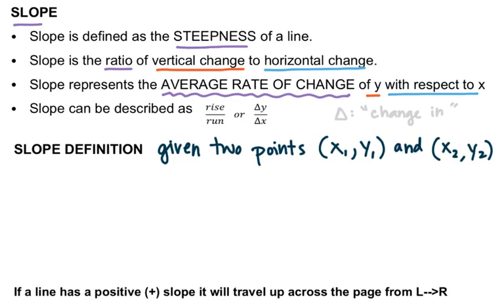So if we look at formally defining slope, what we need to recognize is that in order to define slope, we need to be given 2 points or 2 ordered pairs. Now, you'll notice that my x, y ordered pairs, this first one is x sub 1, y sub 1. That just means these represent point 1, and this x and y go together. And then x sub 2, y sub 2, that represents point 2.